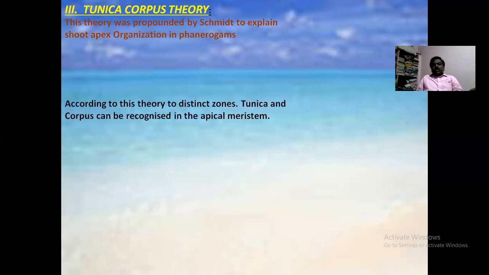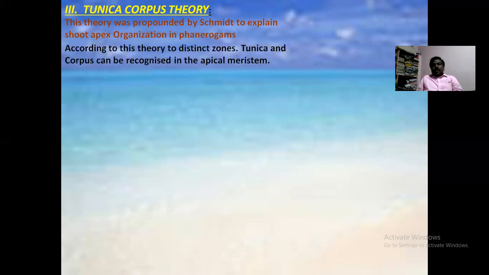According to this theory, distinct zones, tunica and corpus, can be recognized in the apical meristem of the plant body. The outer layer is called tunica, and the inner layer is called corpus. This was observed by Schmidt.